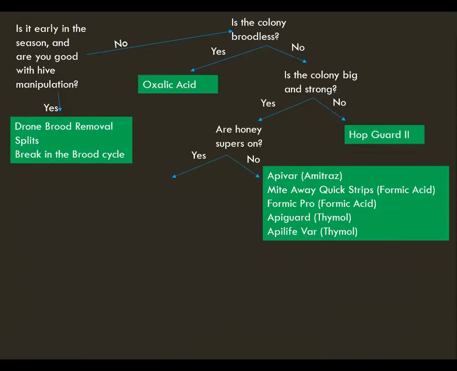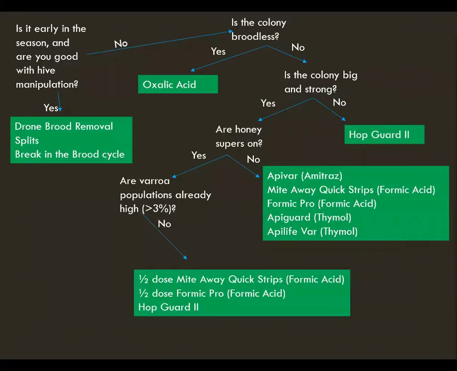If we do have honey supers on, it limits us a little bit. And we also need to make sure which version of Varroa populations we're in. So we treat differently when honey supers are on, depending if we're on maintenance or if we're on intervention. If we're in maintenance mode, we can use the half dose of the Mite Away Quick Strips, the formic acid, or we can use the Formic Pro.